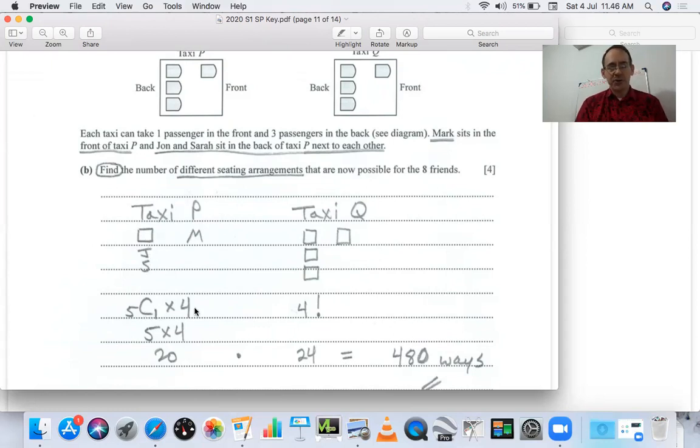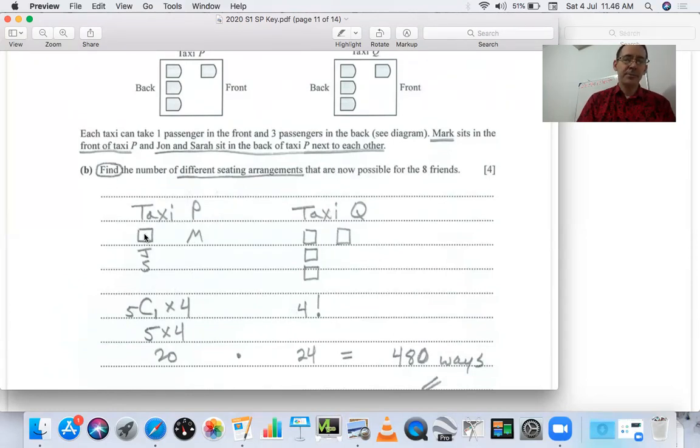Now, why do we multiply it by 4? This is where we get into the arrangements. So first, John and Sarah can be next to each other here, or they can be up here, and this other person can be down here. This person cannot be in the middle because John and Sarah have to be next to each other.